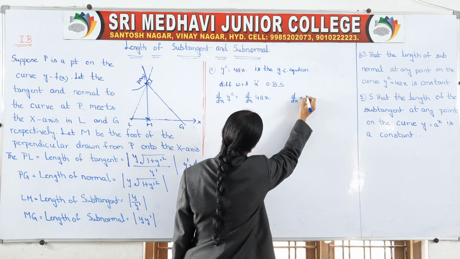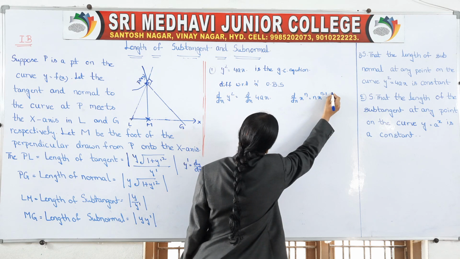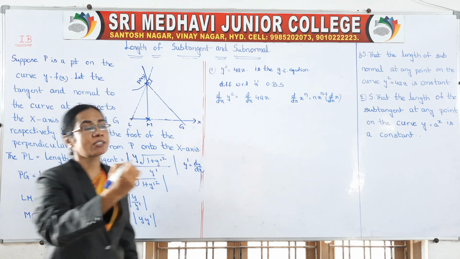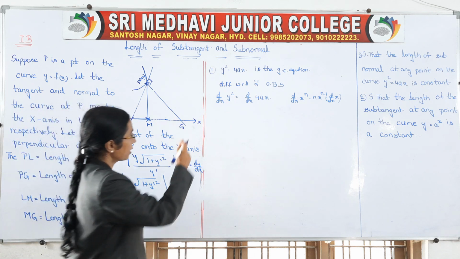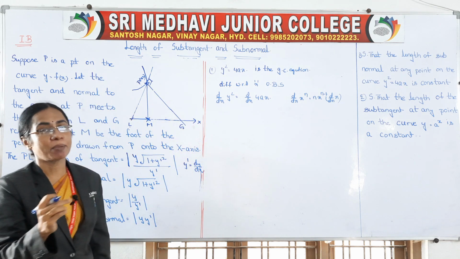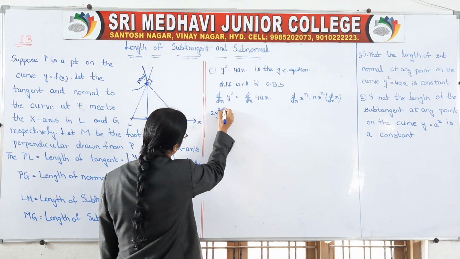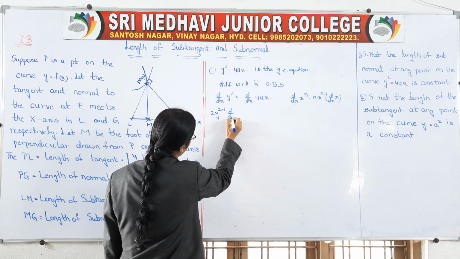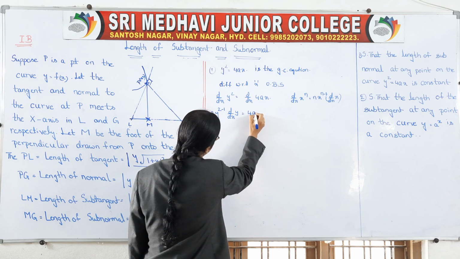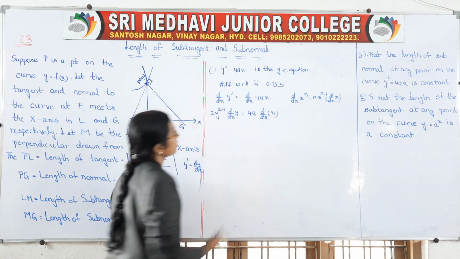What is that formula? D by dx of x to the power of n is equal to n into x to the power of n minus 1 into d by dx of x. So d by dx of x is 1. Okay, so here instead of x we are having y, so compulsorily we have to write dy by dx. So it is 2 into y to the power of 2 minus 1 into d by dx of y is equal to, 4a is a constant, so it stays outside, and we write d by dx of x.